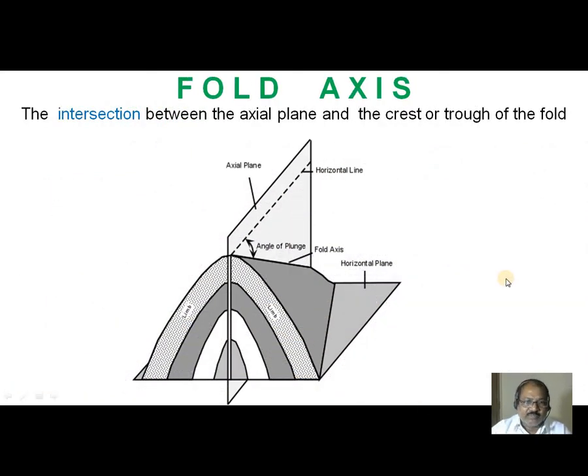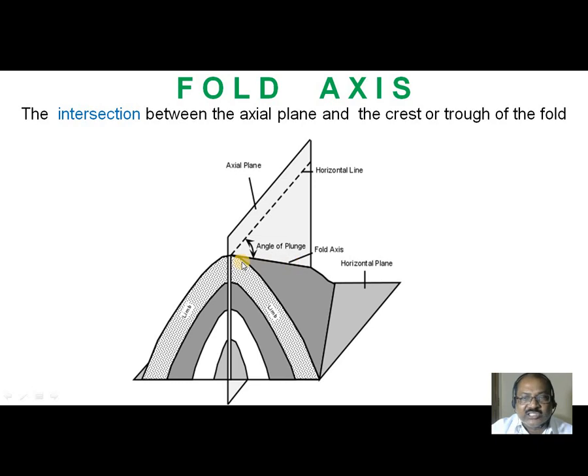Fold axis. The intersection between the axial plane and either the crest or trough of the fold is called the fold axis. Here this is the intersection point, and here also this is an intersection point.